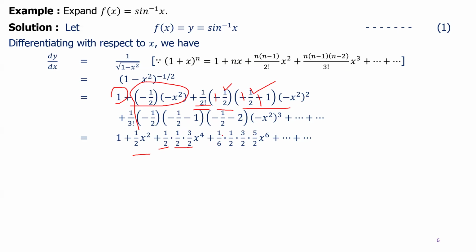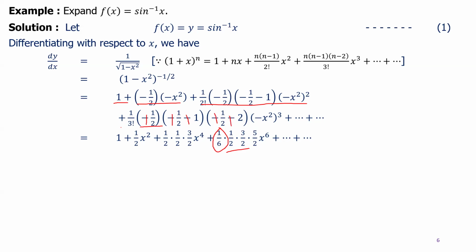The next term will be, what about the third term? This term, fourth term, sorry, third. 1 is over, 2 is over, 3 is over. Now the fourth term, 1 upon 3 factorial, which is nothing but 1 by 6. Then minus 1 by 2, minus 3 by 2, minus 5 by 2, and minus x square whole to the power 3.